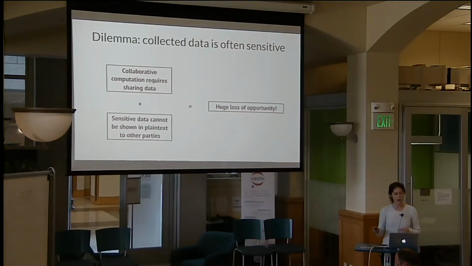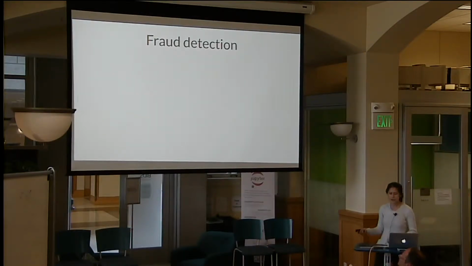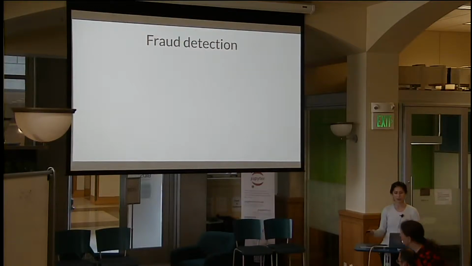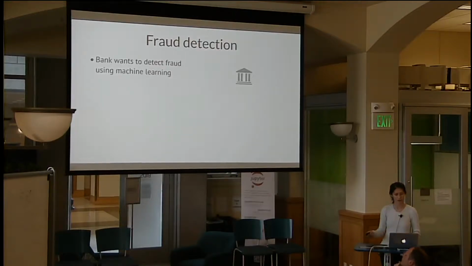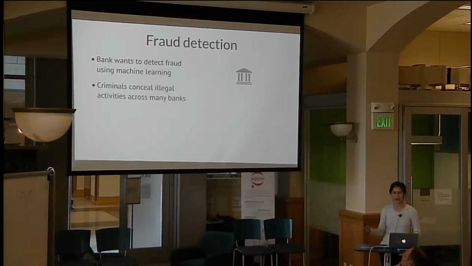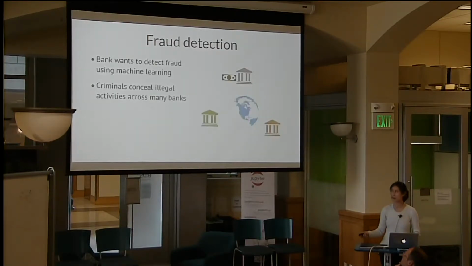So I'm going to make it more concrete by presenting two real use cases that we've seen with the companies and the organizations that we collaborate with in the RISE Lab. The first use case is a financial use case, where you have a bank that wants to detect fraud using machine learning, by training a machine learning model, for example. But the problem here, of course, is that criminals conceal their illegal transactions across many banks.